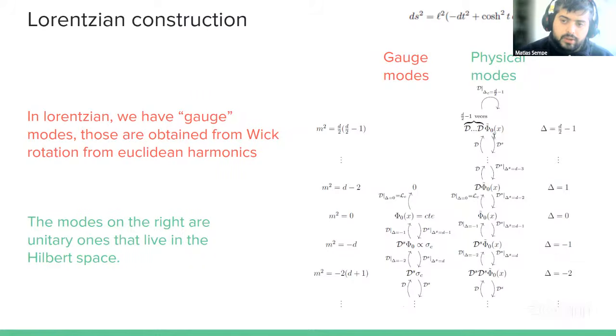So to get to the right-hand side, the easiest way is to solve the conformal case, where delta is d minus 2 over 2. In this case, if we are in even dimension, this is an integer, and we can apply everything we did before.